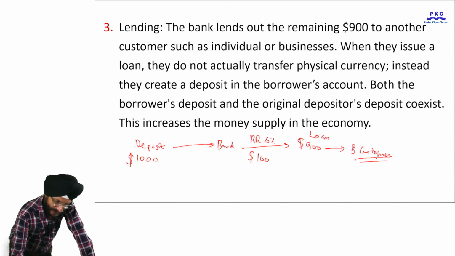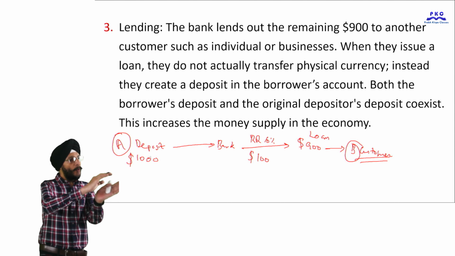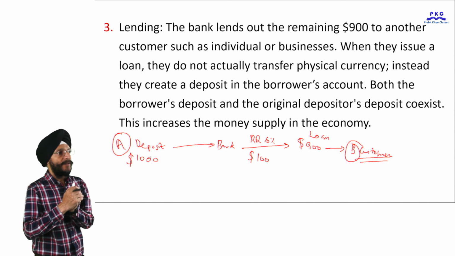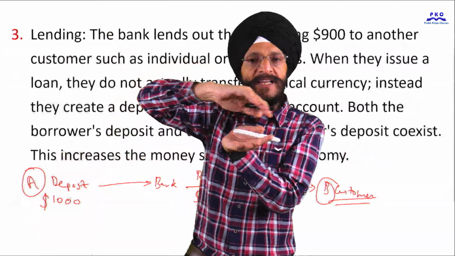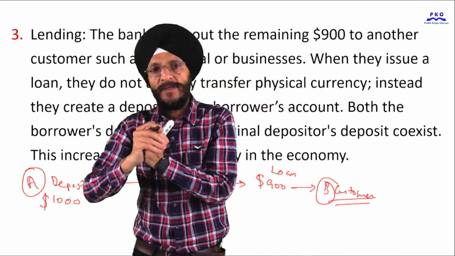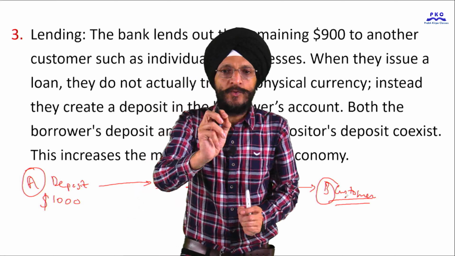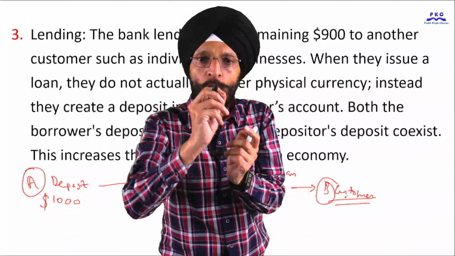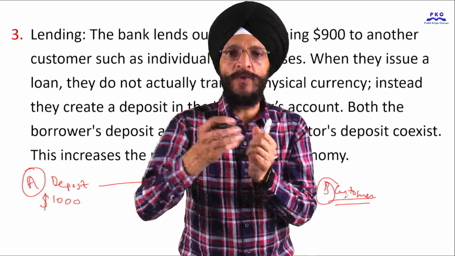When the bank issues the loan to customer B, this is the customer A who deposits $1,000. Now the loan is being given to customer B. Now the full amount has not been given as loan. Some amount has been kept aside, balance has been given on loan. When this loan has been given, it must be understood that the banks do not usually give it in cash or in hard currency, physical notes or coins.